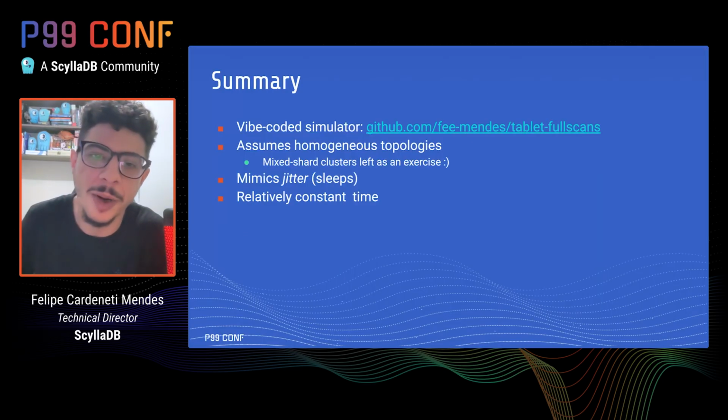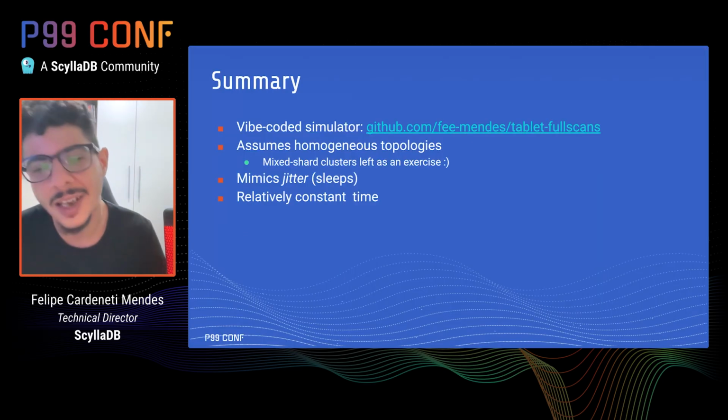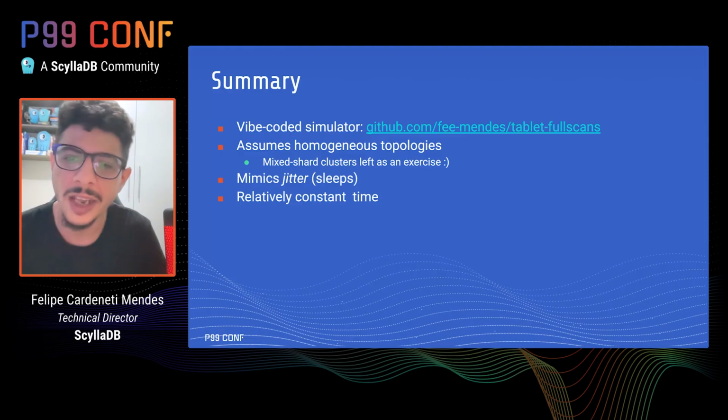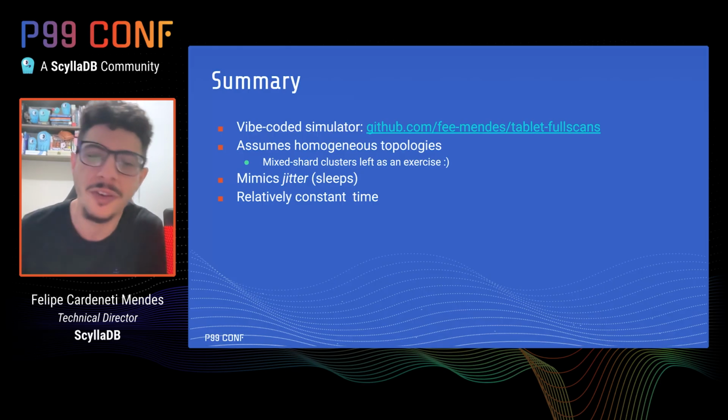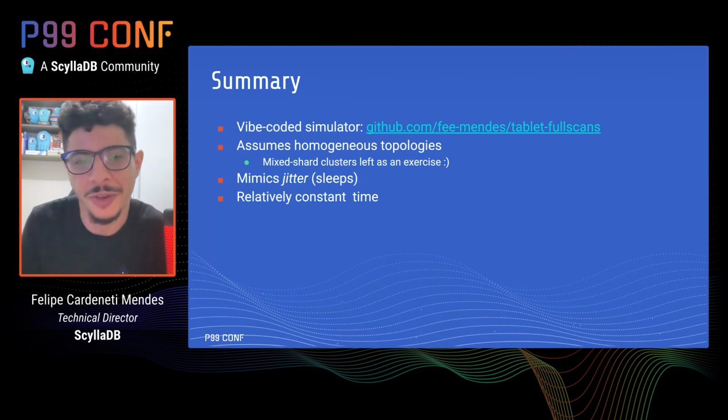So, to summarize, tablets in ScyllaDB allow for relatively constant full scan processing times as your data evolves, eliminating the need for manual tuning and other complexities stemming from the previous vNode-based approach.